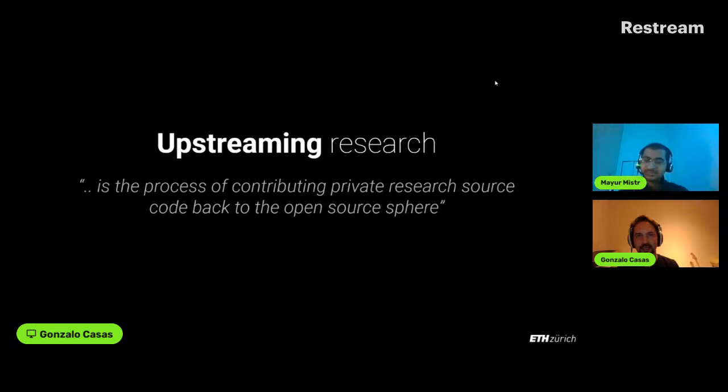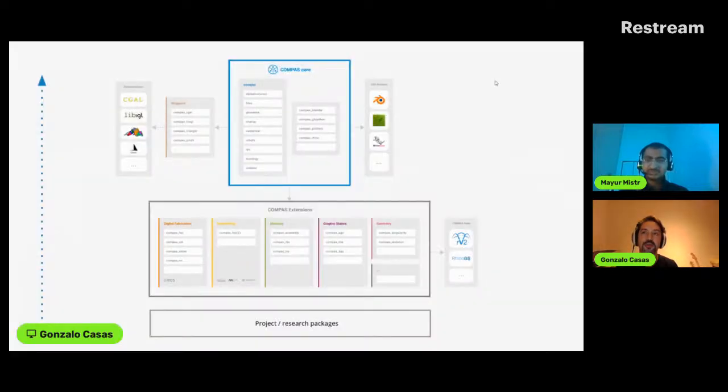Upstream comes from this river analogy, waterborne elements flowing back. It's basically the process of contributing back to open source: things that happen in private research repositories, how do they end up being pushed back into the open source repositories?